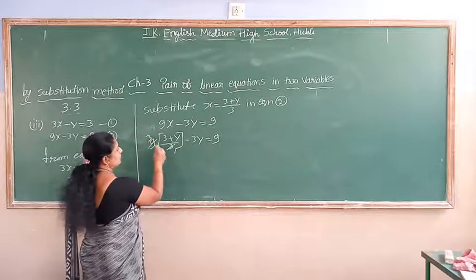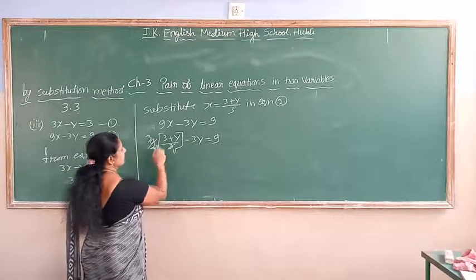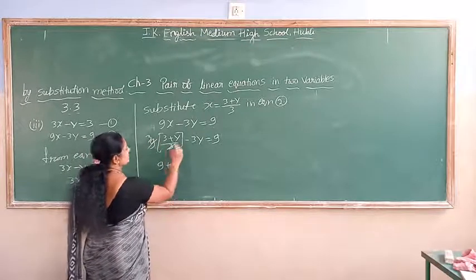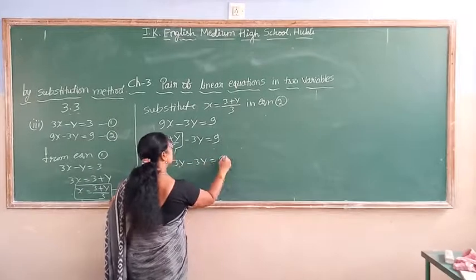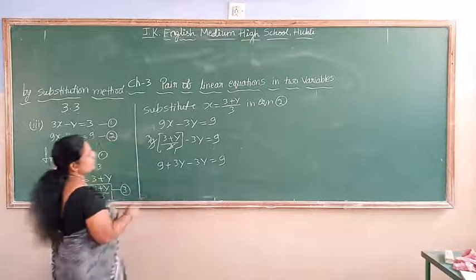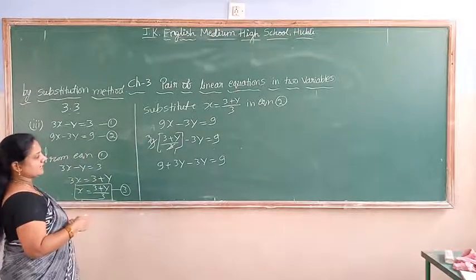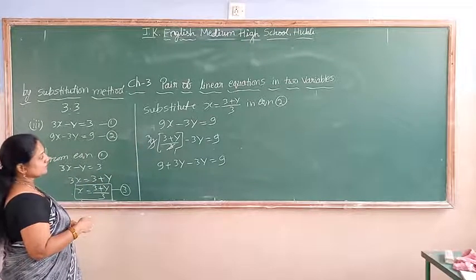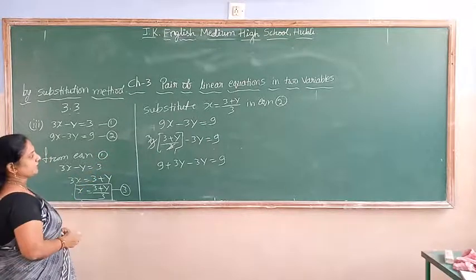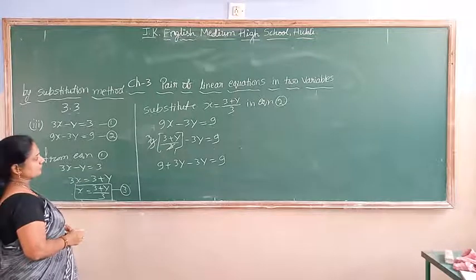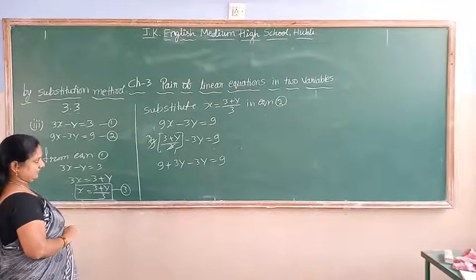Multiply with this now. 3 threes are 9 plus 3y minus 3y is equal to 9.